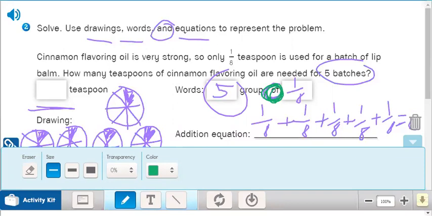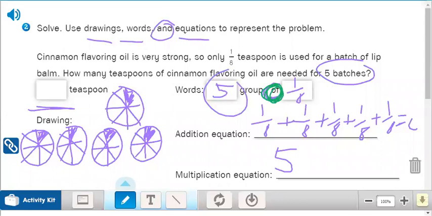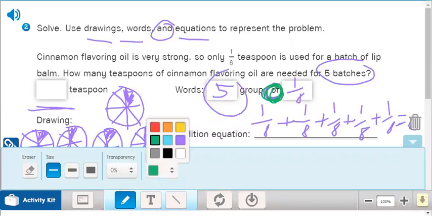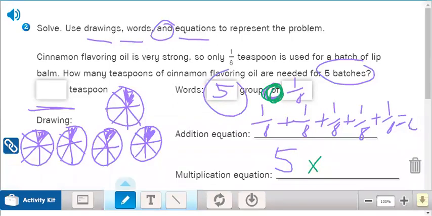Whenever you hear that, just like when you hear difference means subtract, of means multiply. So 5 groups of 1/8 teaspoon of cinnamon equals C, my unknown, or you could write a question mark. That works as well.